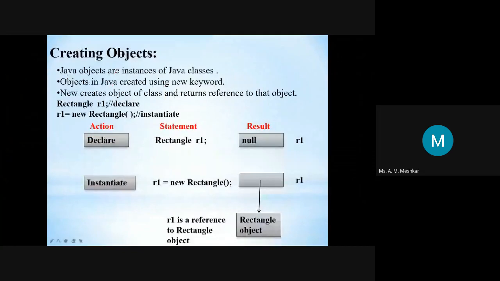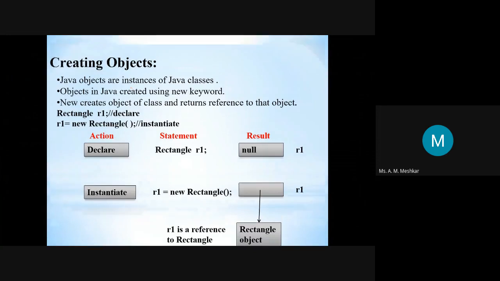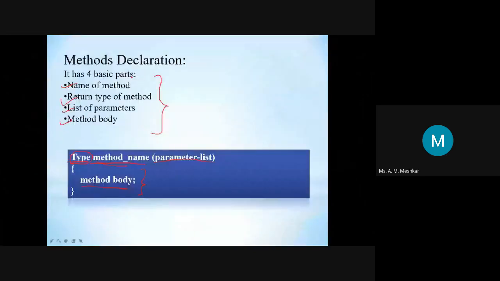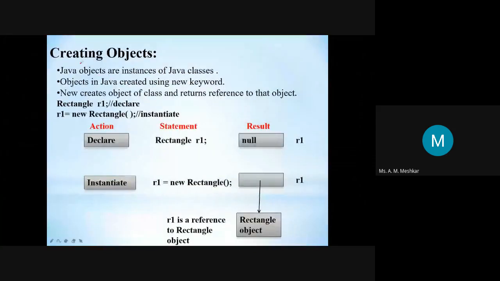Then let us have a look at creating objects. Now we have a class. How do we declare the class? How do we declare the fields? How do we declare the methods and write the method syntax? And now we can move on towards creating objects. Once we have the class, we can create its object inside the main method.